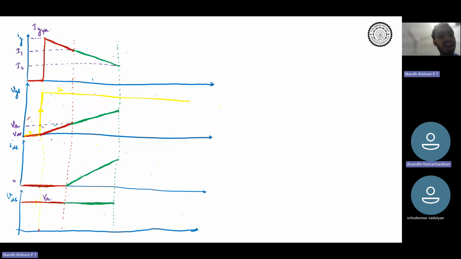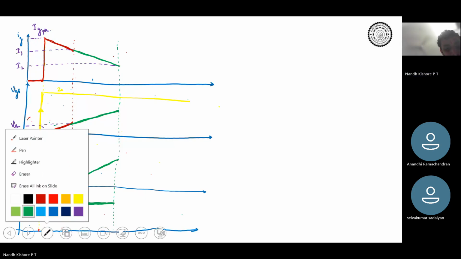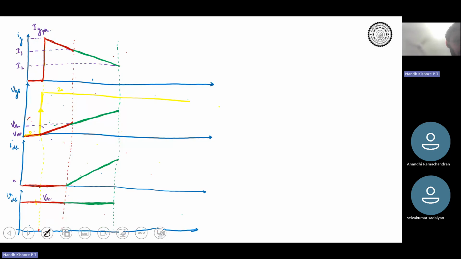So this is our current rise period. This was TD on, turn on delay time, and this was the current rise interval TR.